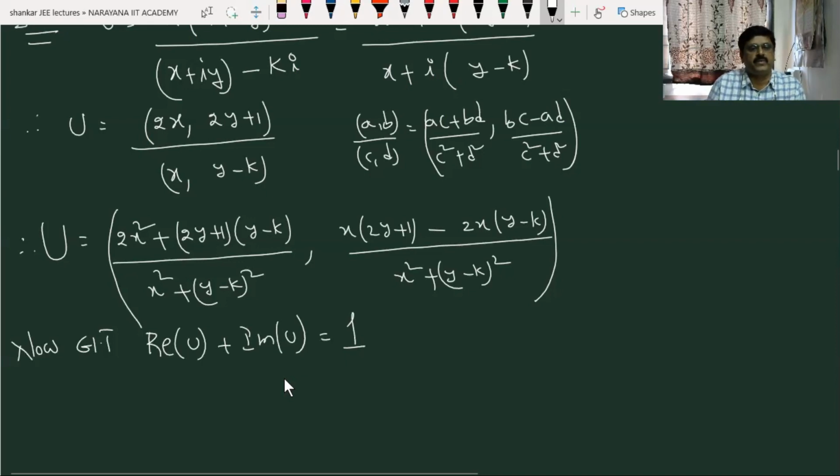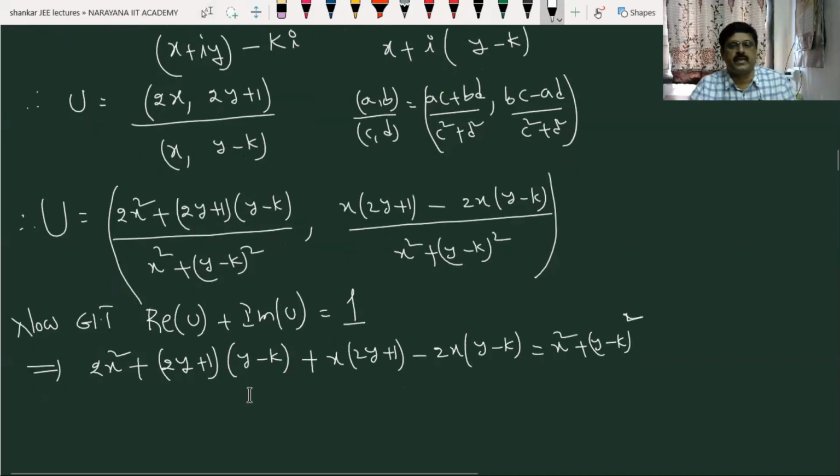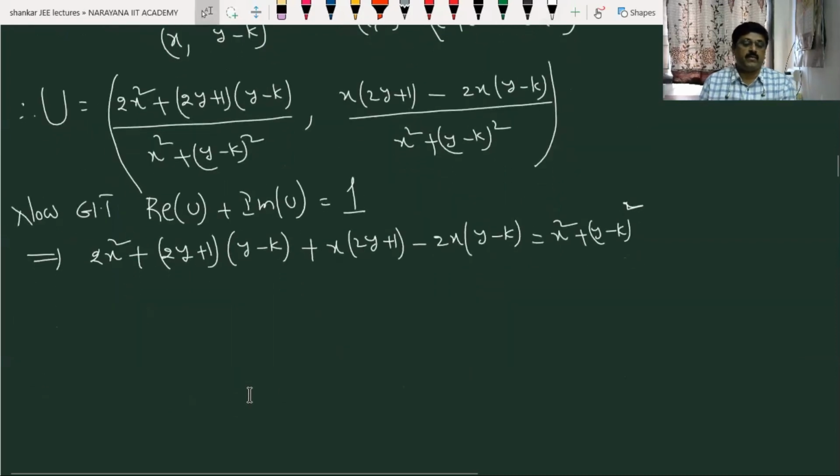Okay, now it will be, students, 2x square plus 2y plus 1 of y minus k, as the denominators are same, plus x of 2y plus 1 minus 2x of y minus k, is going to be x square plus y minus k whole square, students.